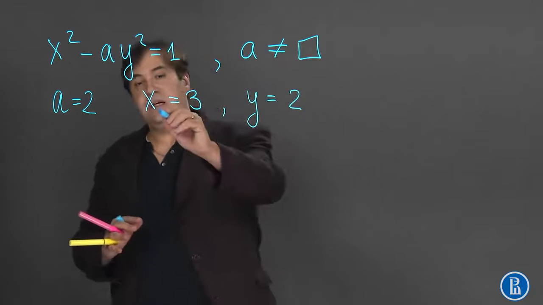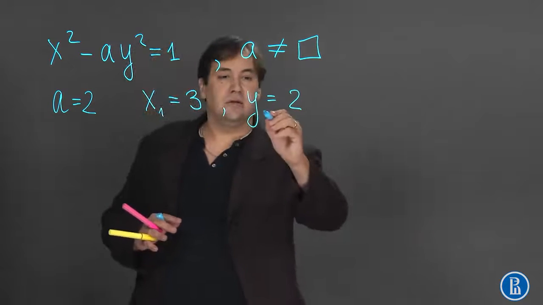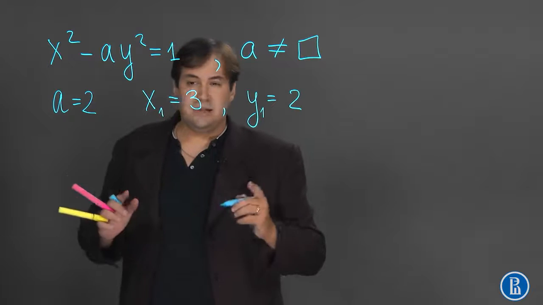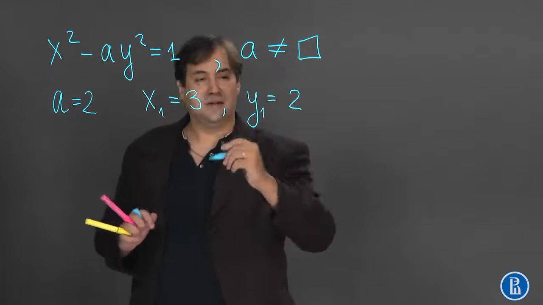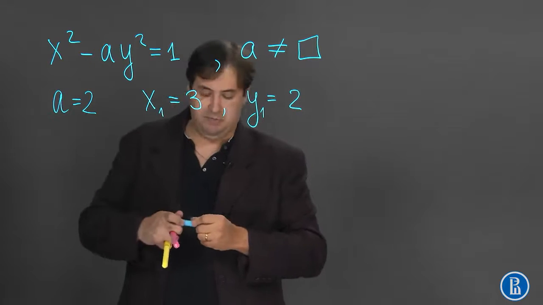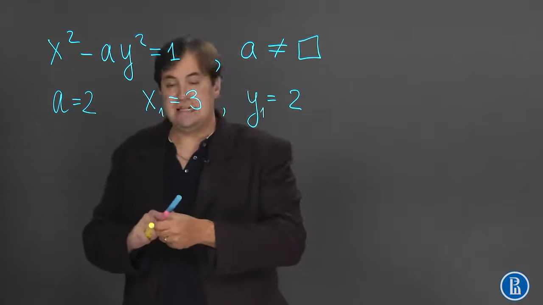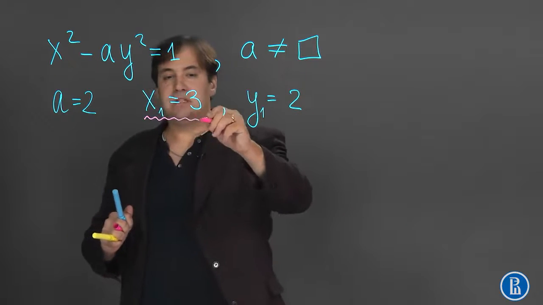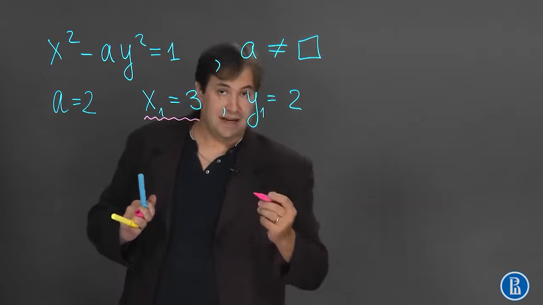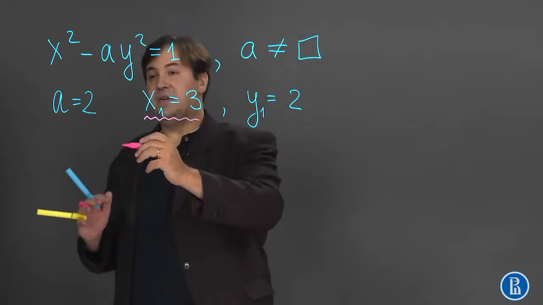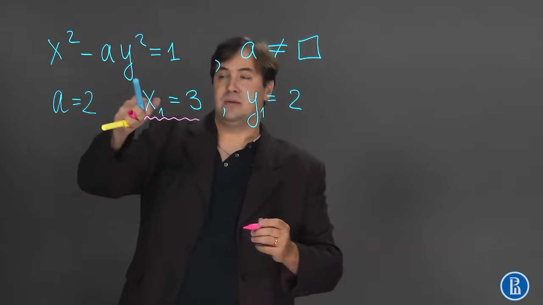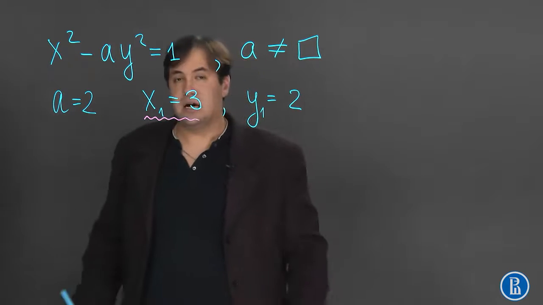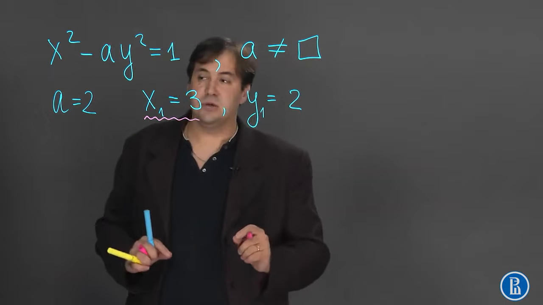Let us denote 3 as x1 and 2 as y1. Why did I write these numbers here? Well, the meaning of these numbers is that this is the least possible value of x. If x is equal to 1, then y is equal to 0. It is a trivial solution, a non-interesting solution, because now we are speaking about non-trivial solutions.